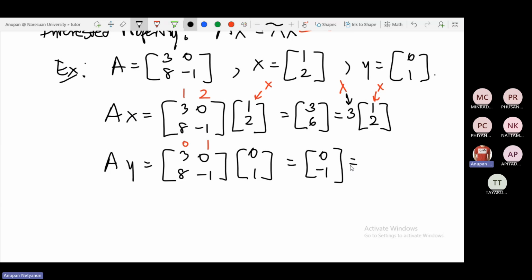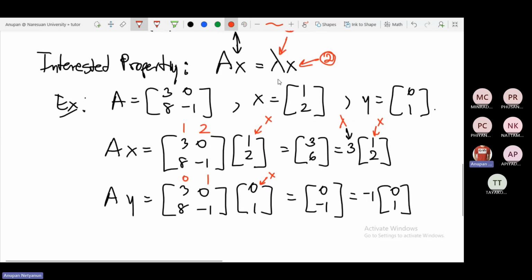And let me pull out negative 1. So negative 1 pulled out from 0, you get 0. Pull out negative 1, you have 1 left. See? So you can see that this one satisfies this equation again. When you multiply it to A, you get a lambda which is negative 1 times the original vector here.